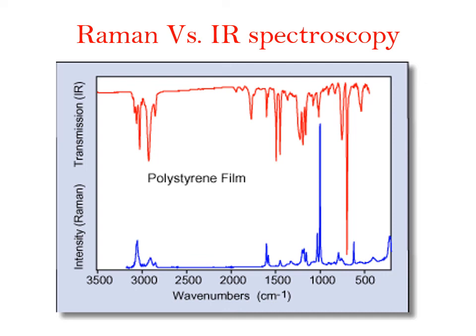So the two techniques are complementary in that they can tell you different things about a molecule. Raman spectroscopy depends on a change in polarizability, whereas IR spectroscopy depends on a change in the dipole moment.